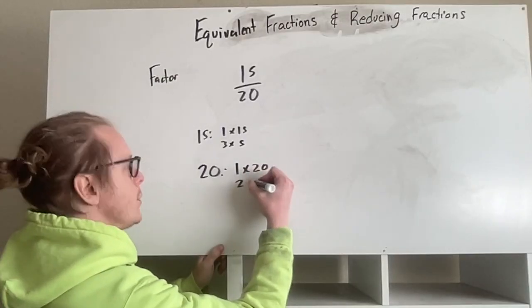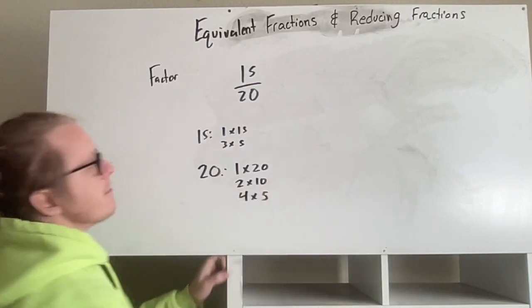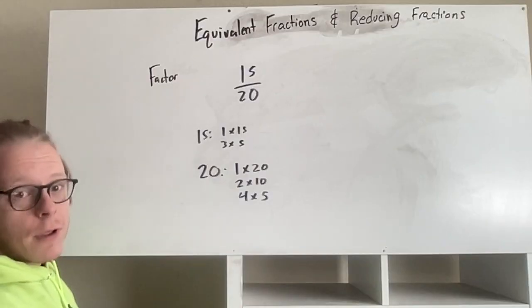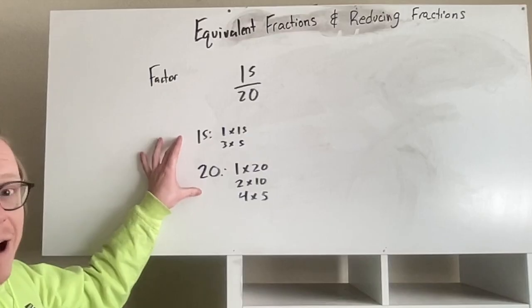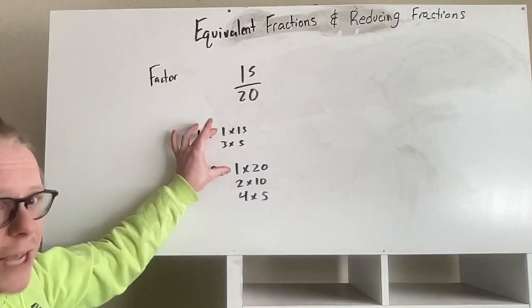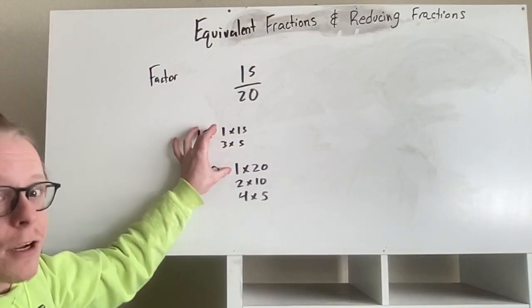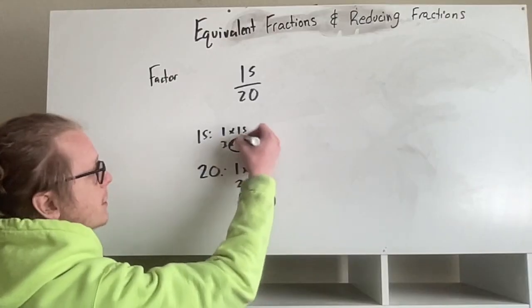I could do 2 times 10, or I could do 4 times 5. Okay, so what we're looking for is a common factor, meaning a factor that they both have. 1 doesn't count, right? Because every number has 1 as a factor. We're looking for a different one. Okay, in this case, 5 is going to be the common factor.